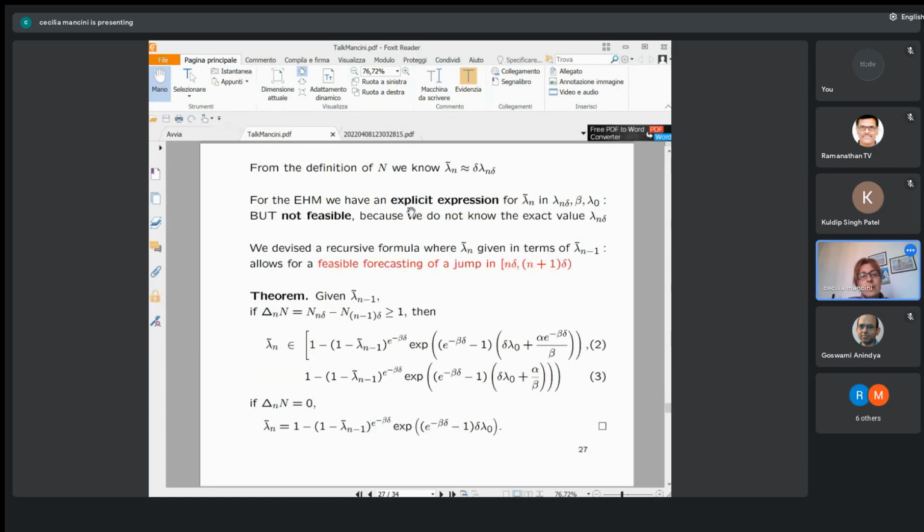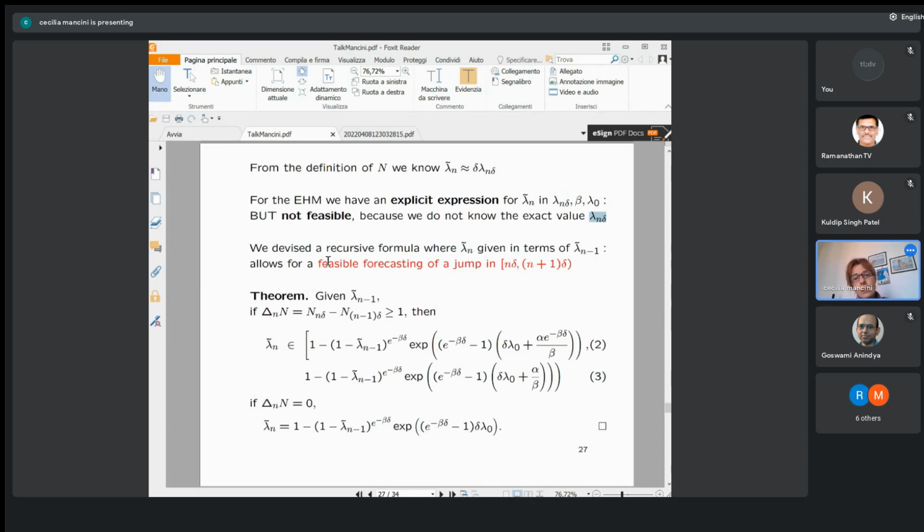I try to be fast. For the exponential Ox model, we have an explicit expression for lambda tilde. But again, this expression depends on lambda n delta, which we cannot really observe, due to the errors in the estimation of the jump locations, it cannot be exactly reconstructed.